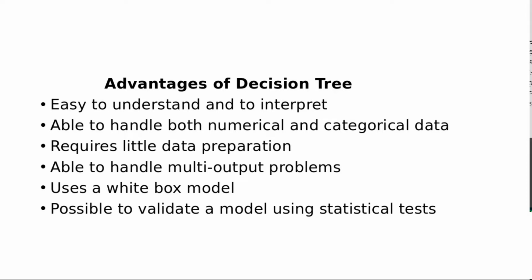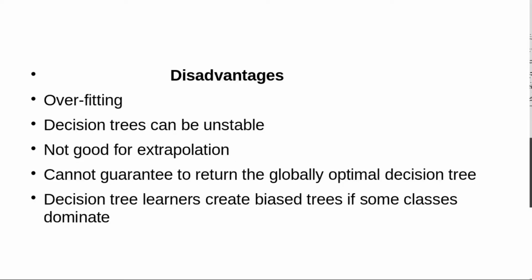Another advantage of decision trees is that it is possible to validate a model using statistical tests, and the reason is that it makes it possible to account for the reliability of the model. So now let's go to the disadvantages of decision trees.